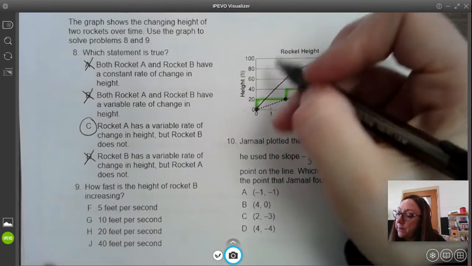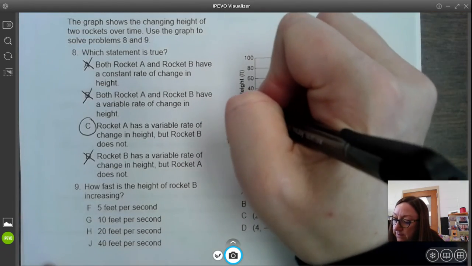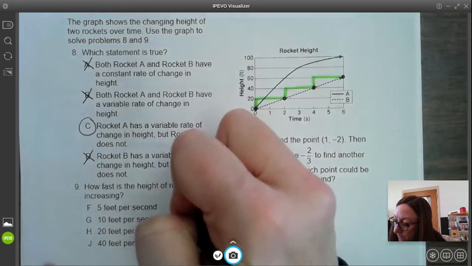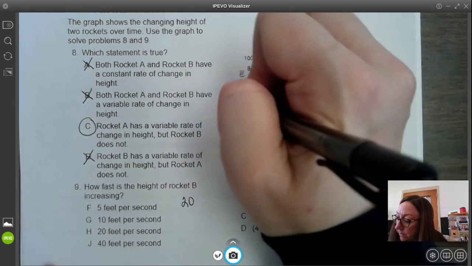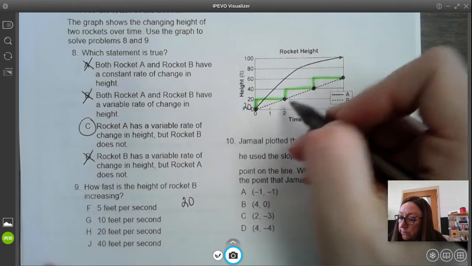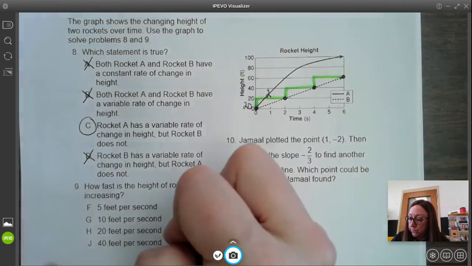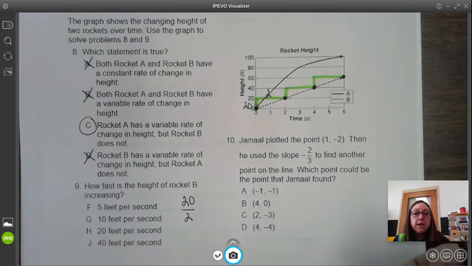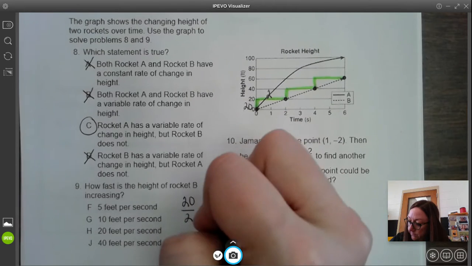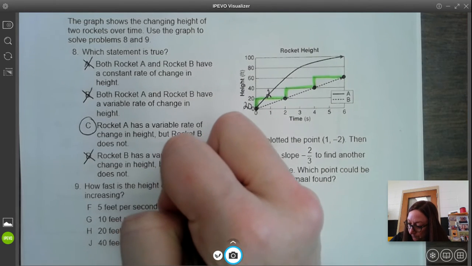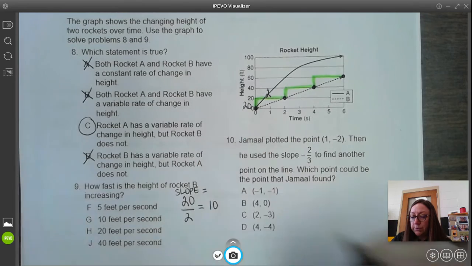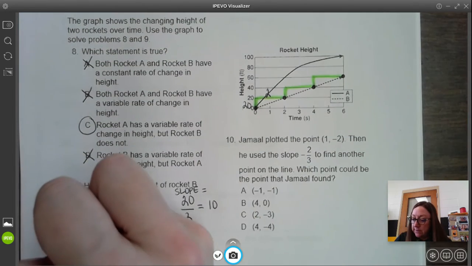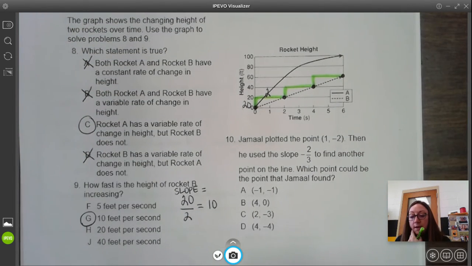So here, if I were to count the rise, that is 20, right? And then the run going across from this one is 0 to 2, which is a difference of 2. So 20 over 2 is our rise over our run. And 20 over 2 simplifies down to 10. So that rocket is accelerating at 10 feet per second.